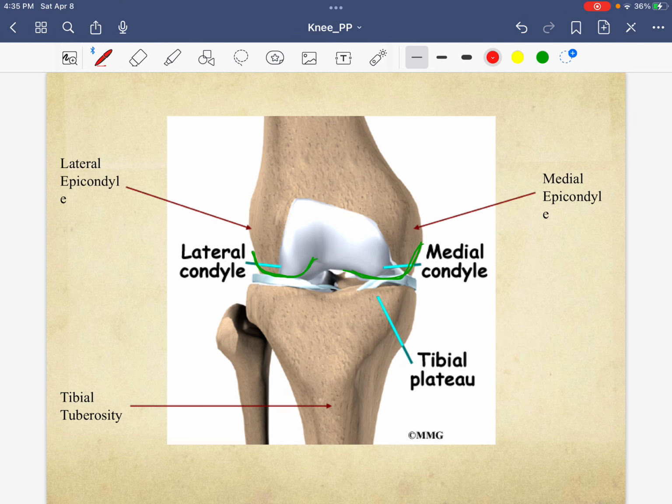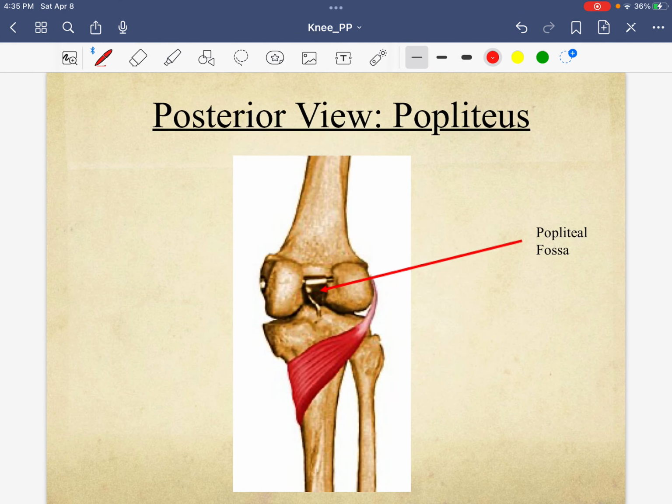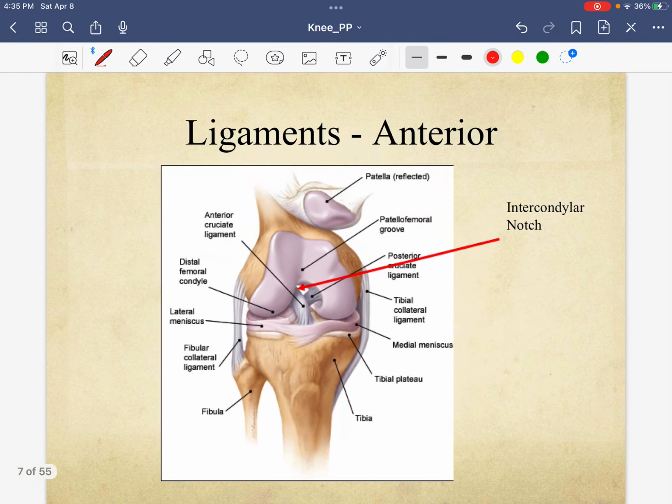I do want to mention, though, the intercondylar notch. If we look at the word, intercondylar, between the condyles is a space. Here would be the lateral femoral condyle, and this is the medial femoral condyle, the rounded ends of the bone.